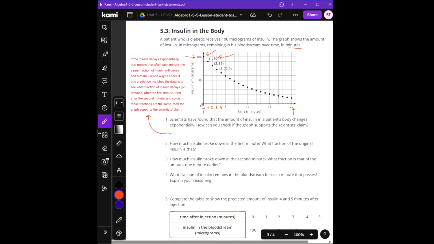And so 10 micrograms broke down. And this is 1/10 of the initial injection.